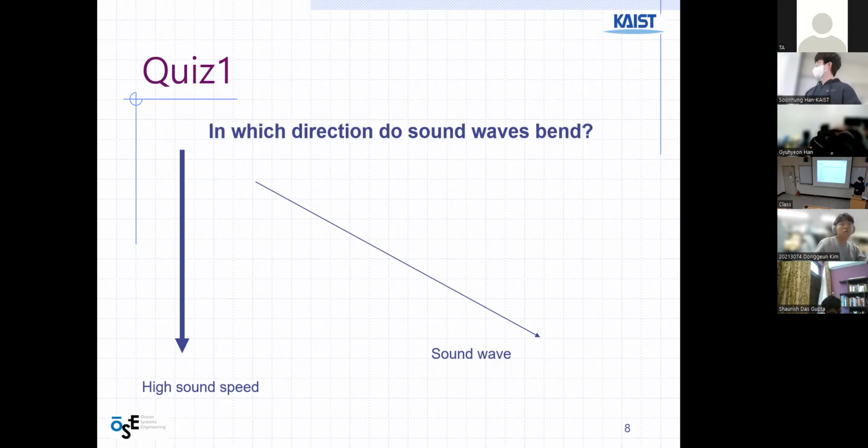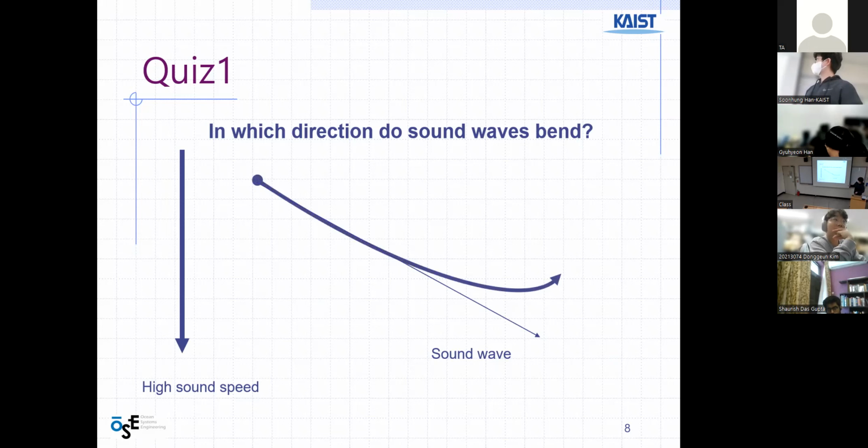Go straight, or bend like this or bend like this? Here is a higher speed, here is a lower speed, so where do sound waves go? Guessing. I think go upside.